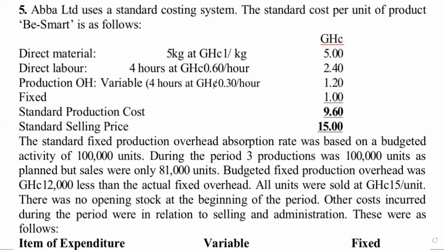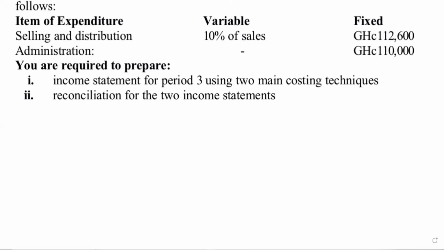These were as follows. Item of expenditure, variable and fixed. So he said selling and distribution, the variable is 10% of sales, and he said fixed is what? 112,600. And when you come to administration, he said there is no variable, but then fixed it is 110,000. You are required to prepare I, income statement for period 3 using two main costing techniques.